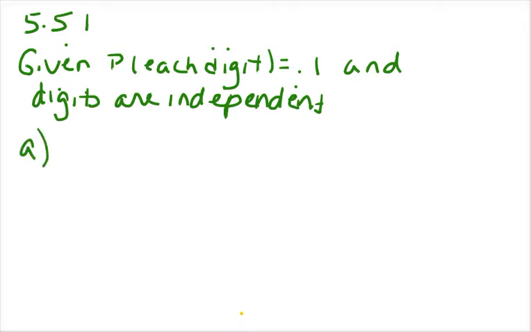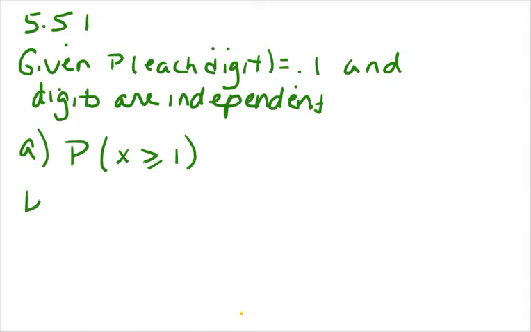You're asked in part A, what's the probability that a group of 5 digits from the table will contain at least one 5. So the probability that x will contain at least one 5 translates into x greater than or equal to 1.